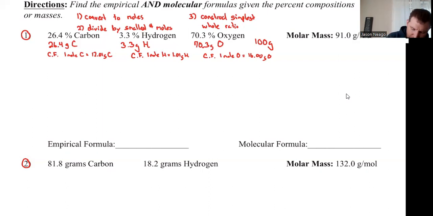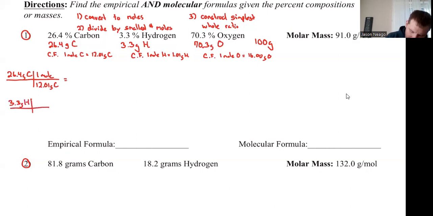Okay, so for carbon, I have 26.4 grams of carbon. I like to use the railroad track method, but you can use the fraction method if you want. I look at my conversion factor. I have grams of carbon above my cancellation line, so I want grams of carbon below. I have 1 mole on top. Okay, I have 3.3 grams of hydrogen.